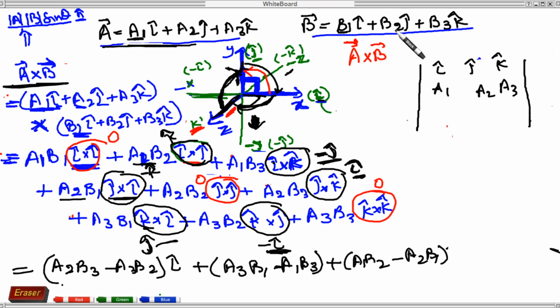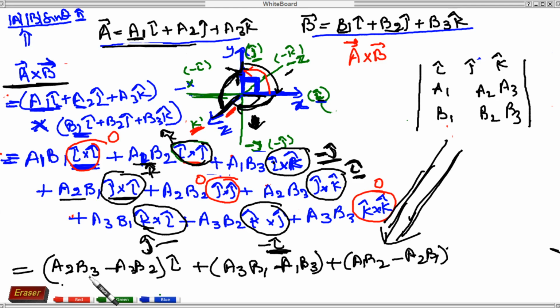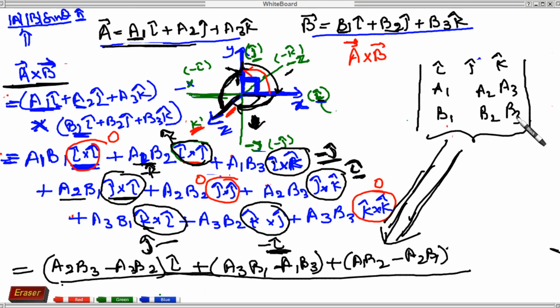This determinant will also give the same thing. When we calculate this determinant, it will give you the same result.